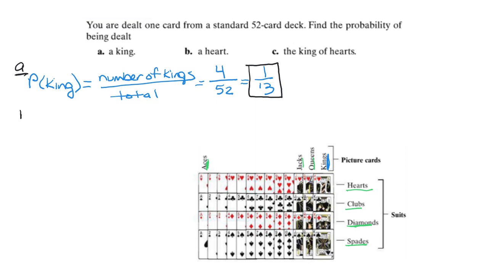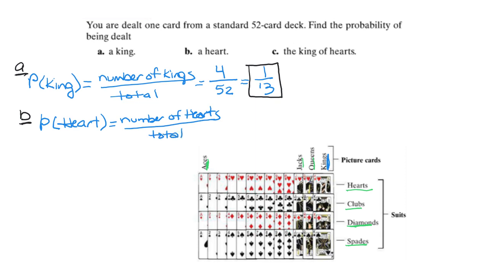All right, let's take a look at part B. It's asking for a probability of a heart. Probability of selecting a card that is a heart. So we want to know the number of hearts that we have to choose from over the total number of cards that we can select from.